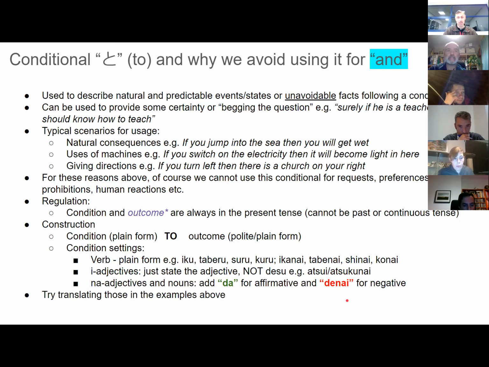So let's try translating these ones that we can see above. Let's start with Tom. Tom, how would you say, if you jump into the sea, then you'll get wet? Umi ni tobu to. Tobu is to fly, yes, it's the same for jumping.